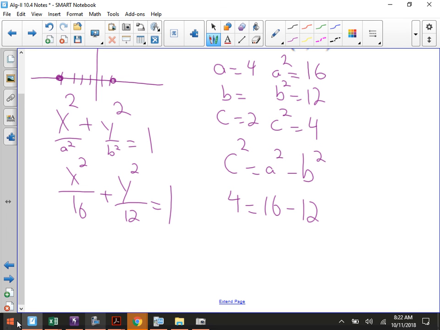That means it's stretched left and right. Ellipses are weird like this. Whatever number is bigger in the denominator is the direction it's stretched. If it's underneath the y, it's going up and down. If it's underneath the x, it's going left and right. There will be different rules for hyperbolas later.